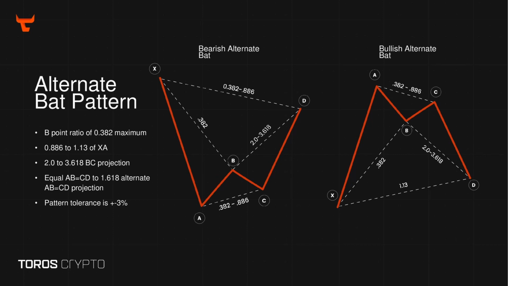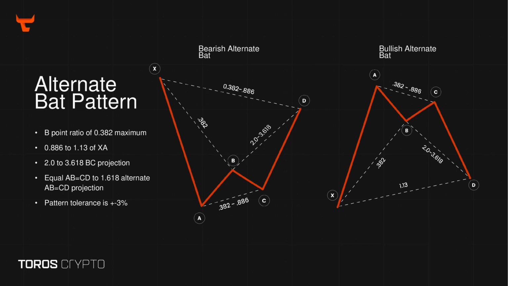This is the alternate bat. So it's much the same as the regular bat, except there are a couple of differences. Obviously, it is a derivation of the regular bat. So after the X to A leg, we come into the B leg retracement. This B leg retracement is shallow, and it is a 0.382 retracement.